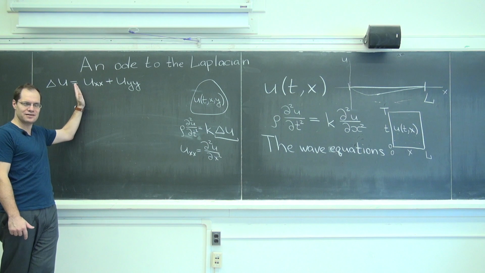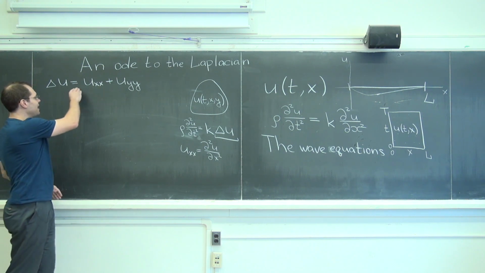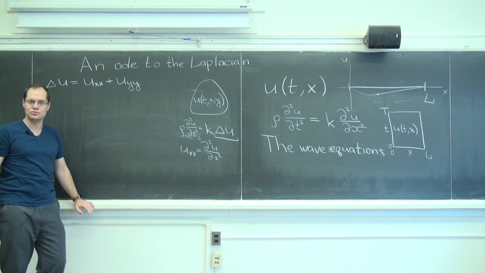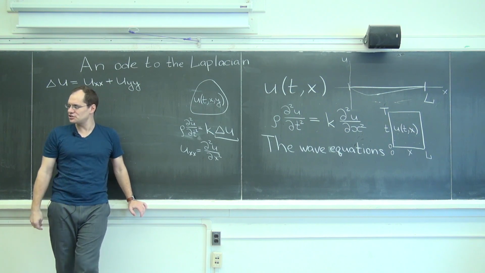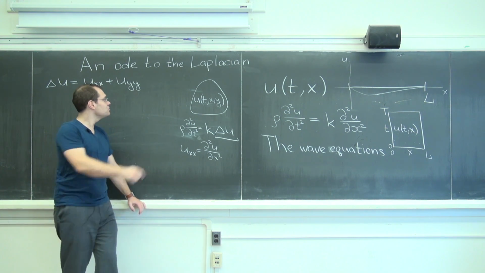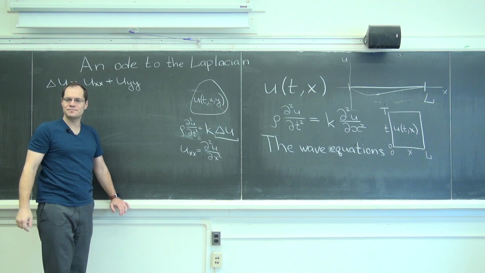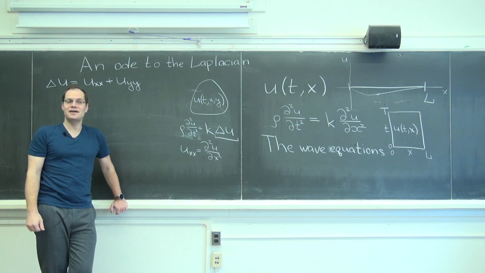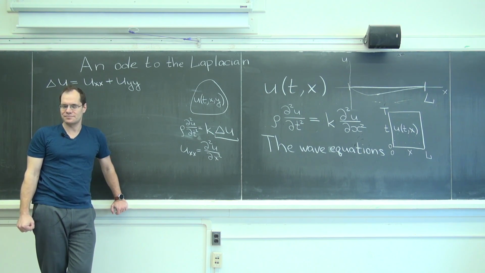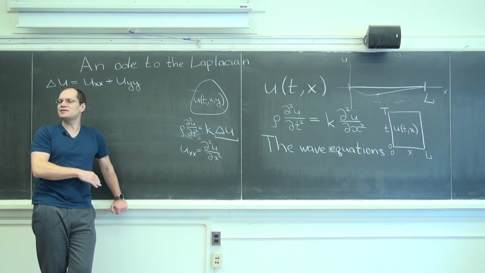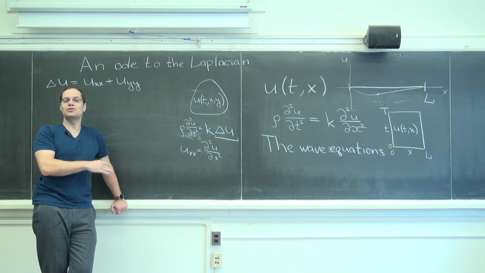There might have to be some factor here depending on what units you choose. But if you do have Cartesian coordinates and you do evaluate this expression, it has a certain very, very important meaning. So we'll do a calculation and I'll show you what that meaning is.